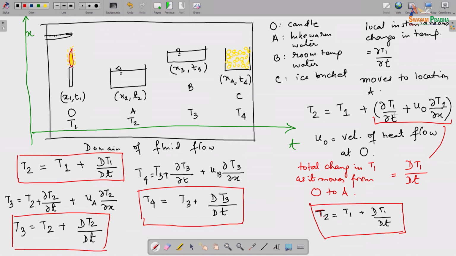Then when I move, say instead of the tank with lukewarm water I had another candle there, from O to A there is actually no heat exchange, there is no heat flow. So this U naught that we have here is actually 0, so there is no change. It is possible that it can move from location O to location A and there is no instantaneous change.